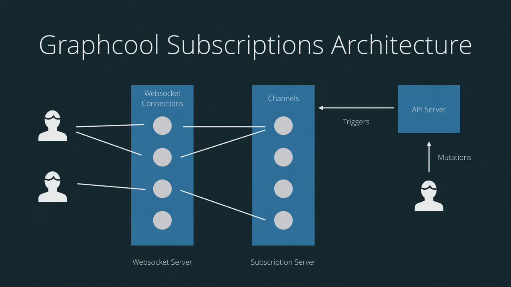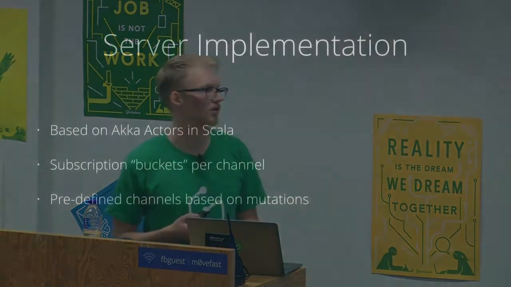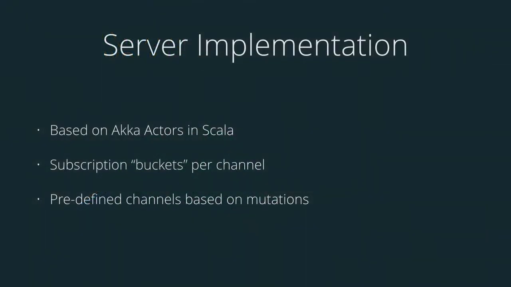So this is a pretty simplified diagram of how it works for GraphQL. Feel free to ask me about specifics about this, but it's not as simple as it looks. Our implementation is based on Akka actors. If you're familiar with the Erlang actor model, which is used in telecommunication systems, this is what we're using here as well, since it scales really well.